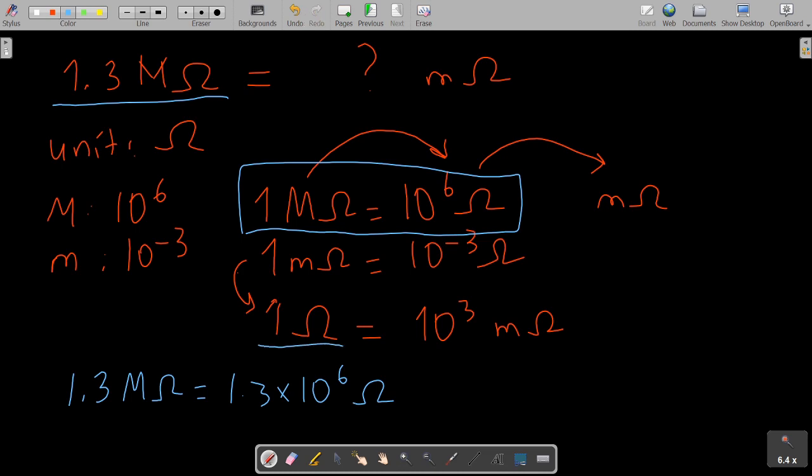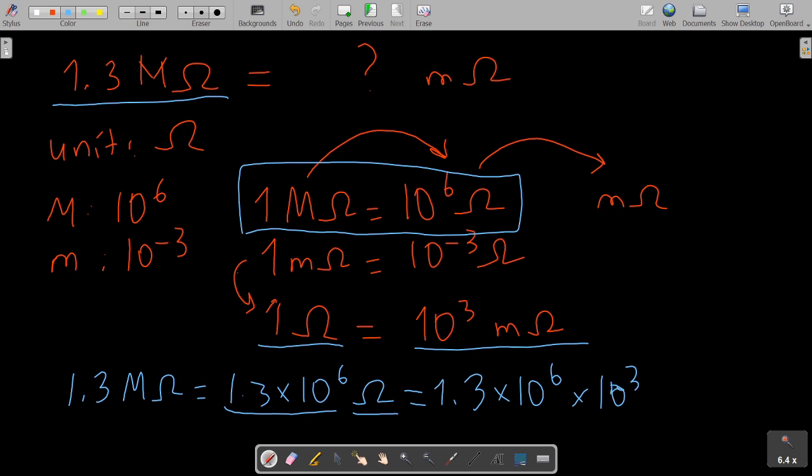I know that 1 ohm is 1000 milliohms, right? So first of all, write my number, 1.3 times 10 to the power 6, exactly. Now instead of 1 ohm, I'm going to write 10 to the 3, and now I can write milliohm. So instead of ohm, I'm writing 10 to the power 3 milliohm because of this equation here.